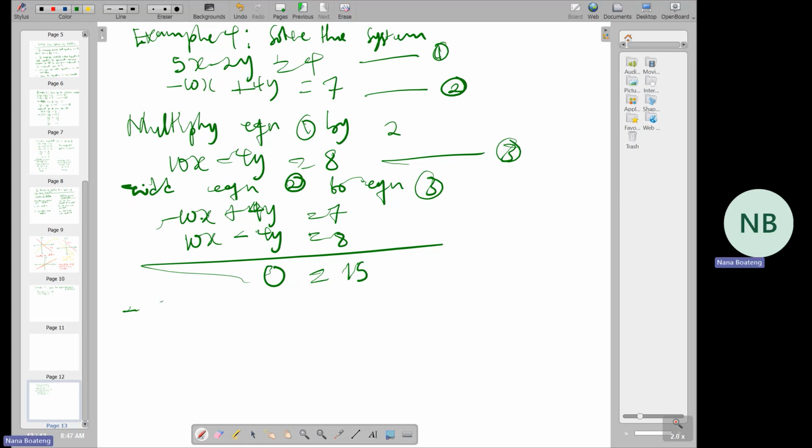So we will say that the system is inconsistent and has no solution.